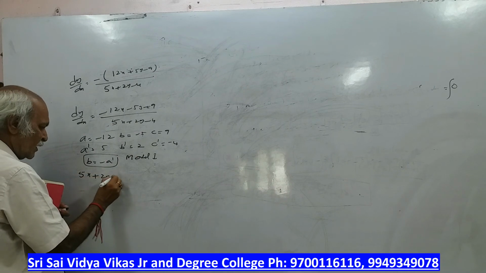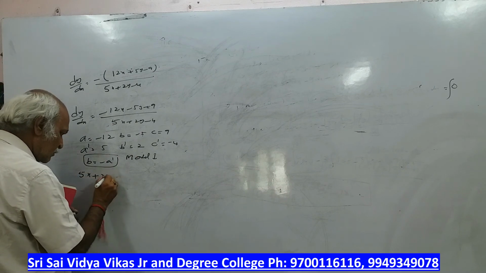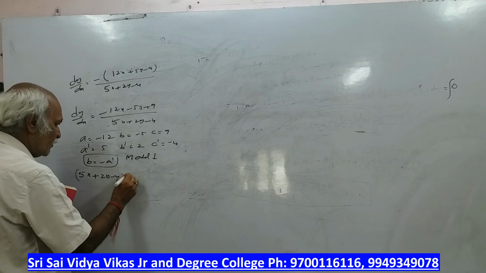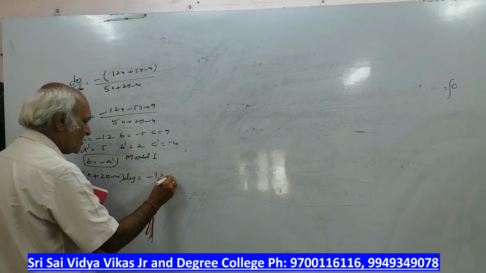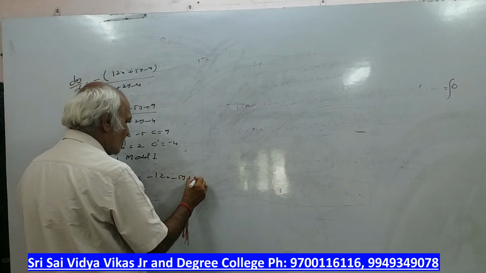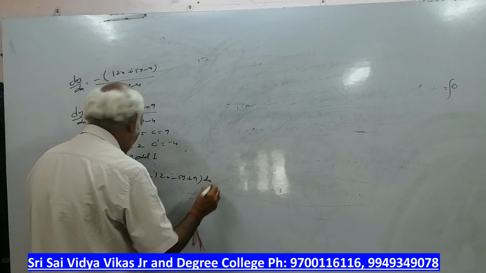5x plus 2y minus 4 into dy is equal to minus 12x minus 5y plus 9 dx.